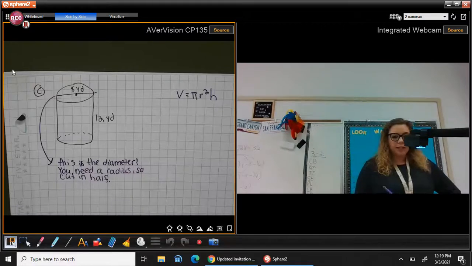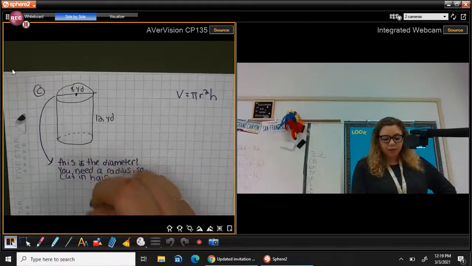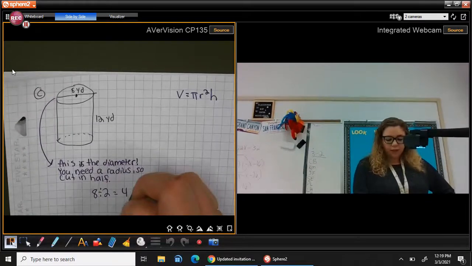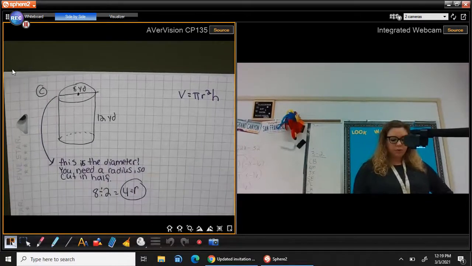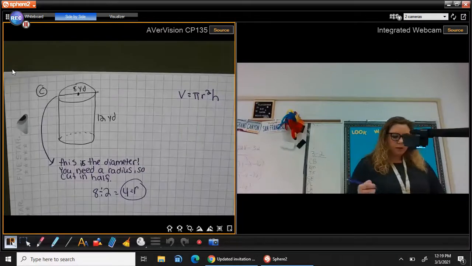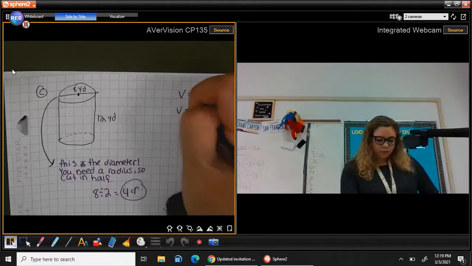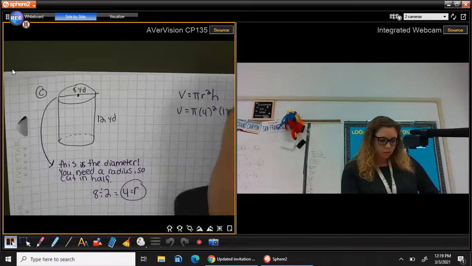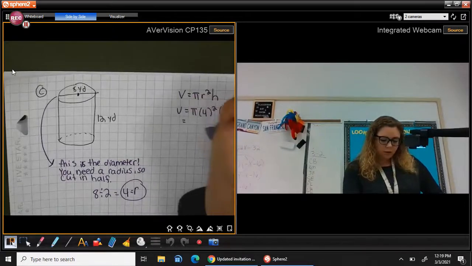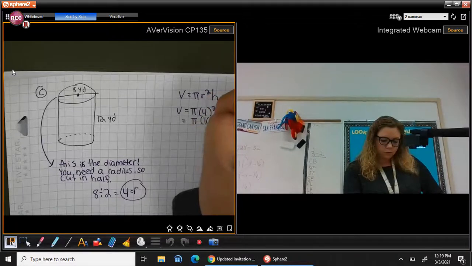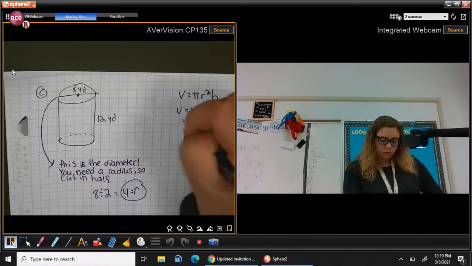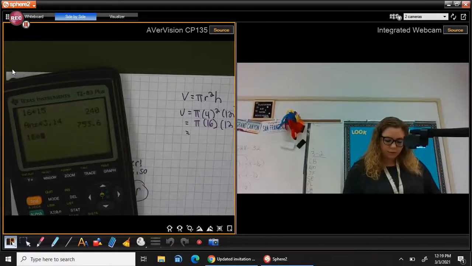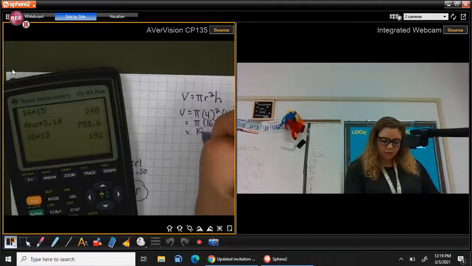So to find the radius, if you have a diameter, you're just going to divide by 2. 8 divided by 2 is 4. Now this is your r. So you're going to plug those values in, and then you're going to solve. 16 times 12 is 192 pi.